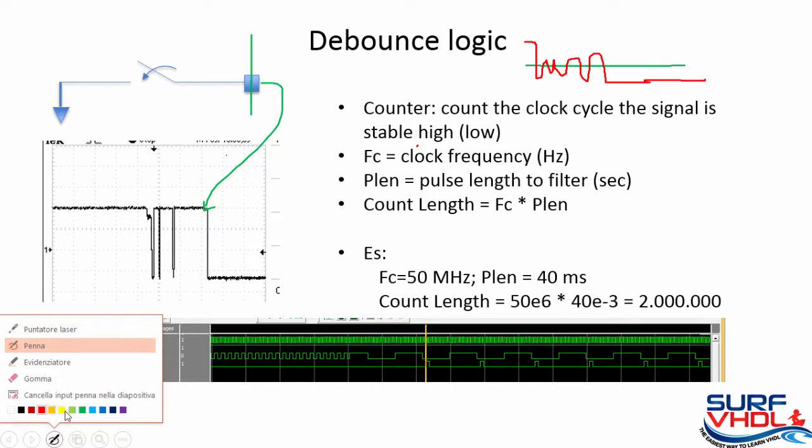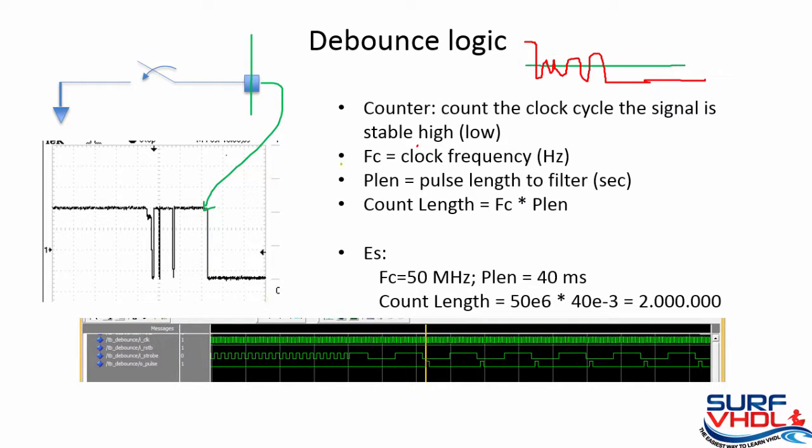In this case, the input at the FPGA at this point will be something like this. Of course, these are the levels at the input of the FPGA.